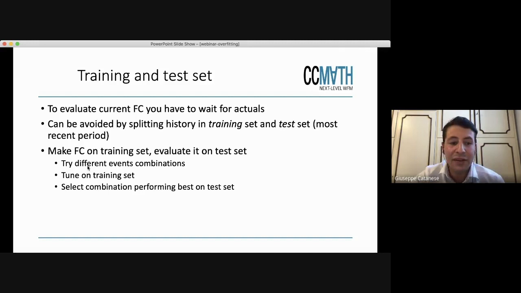So basically, you try different combinations of these events, and you assess your performance on the test set. You tune it basically. When we talk about algorithms, sometimes algorithms have parameters. It's the same principle. You tune your algorithm, and then you assess the performance on the test set.